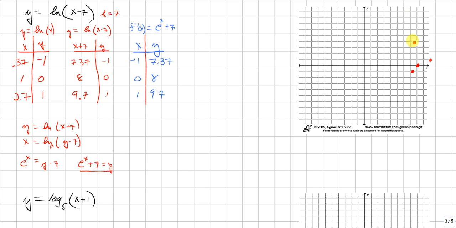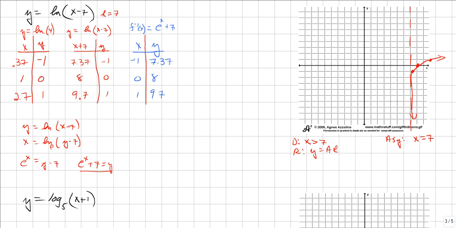This would be my asymptote out at 7, because my asymptote will be at h. So this graph is going to come along and swing out. The domain, and I'm not going to put it because I don't have a lot of room, is just going to be x greater than 7. The range is going to be all reals. You could put that in interval notation.